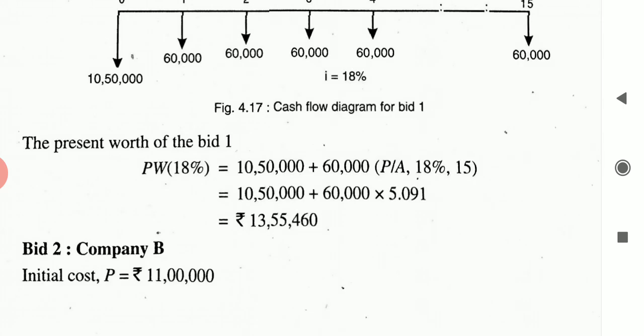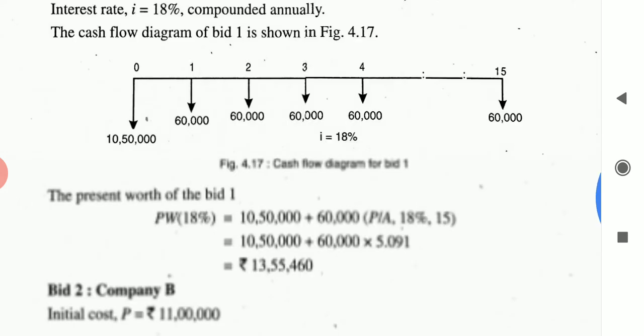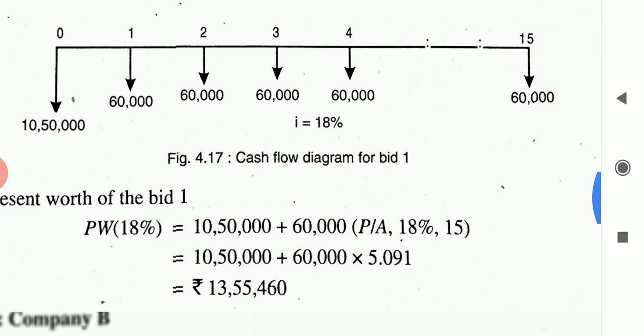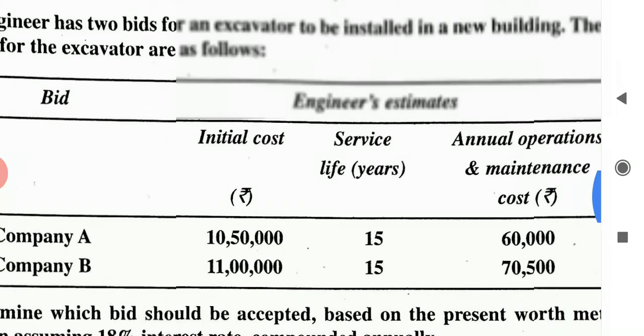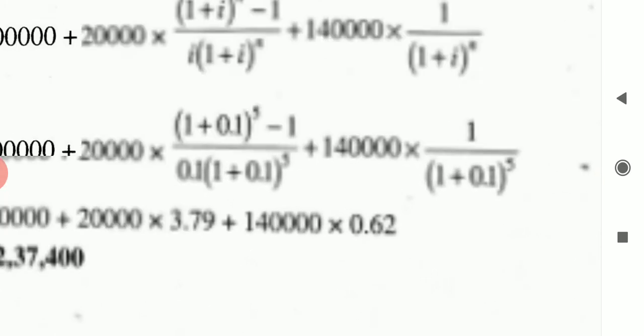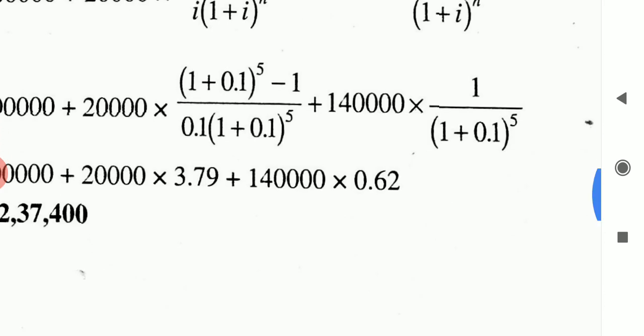So present worth, the first term is P plus the maintenance cost from the cash flow diagram, into the formula, which is (1 plus i) raised to n minus 1, divided by i into (1 plus i) raised to n.